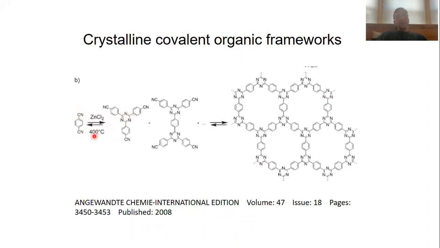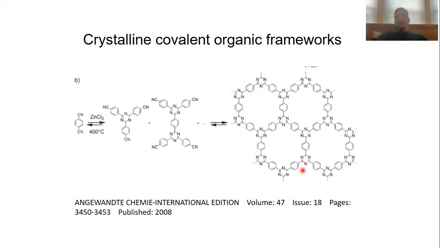But because of the high temperature and the presence of this Lewis acidic zinc 2+, that trimerization reaction is sufficiently reversible, so that the system can crystallize to form this structure here, okay.